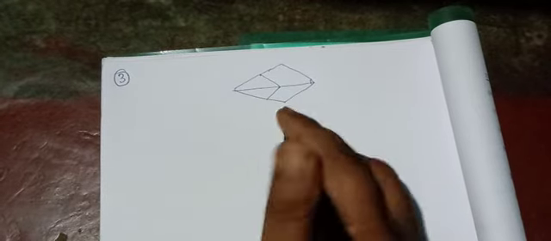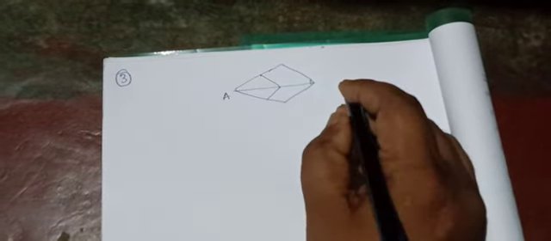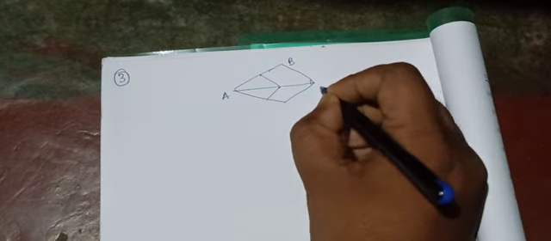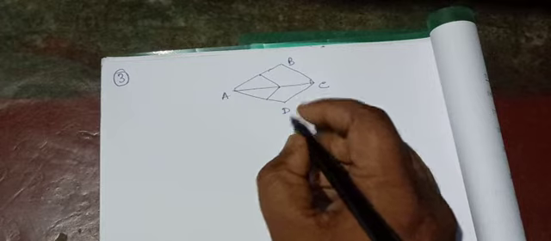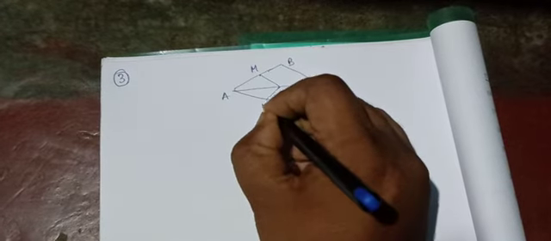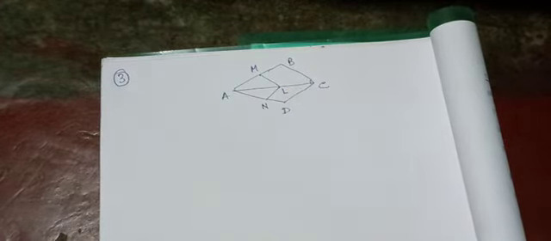I am naming it. This is A, this is B, C, D, M, N, this is L.